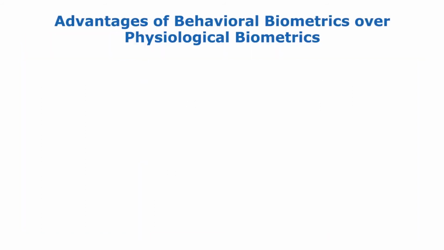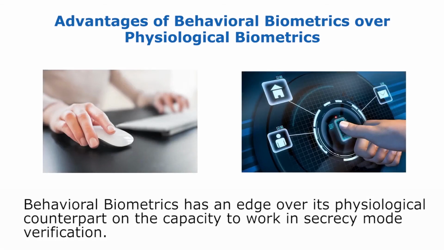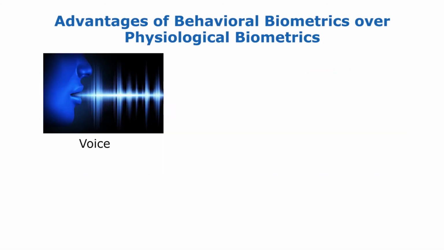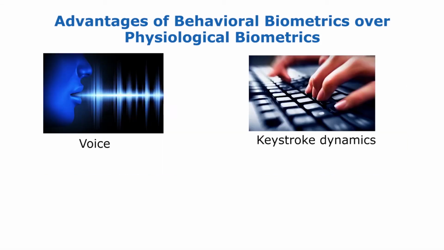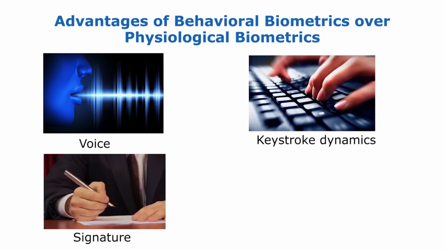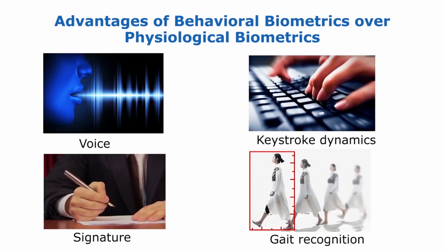When you look at the advantages of behavioral biometrics over physiological biometrics, behavioral biometrics has an edge over its counterpart on the capacity to work in secrecy mode verification. The way people do things, such as speaking like voice, typing rhythm like keystroke dynamics, writing like signature, and walking style as gait recognition, are some examples.